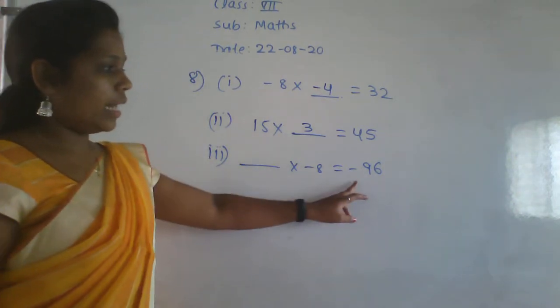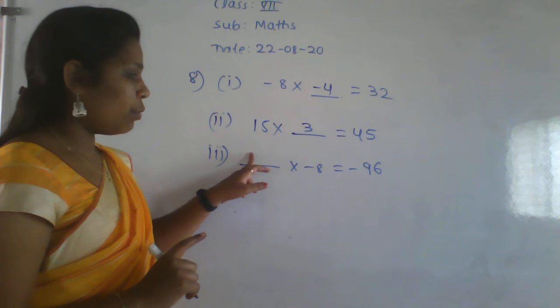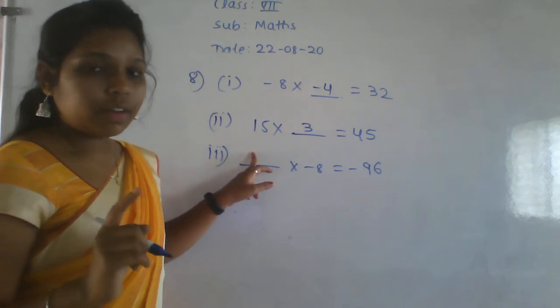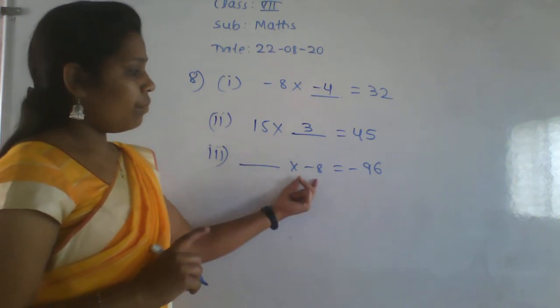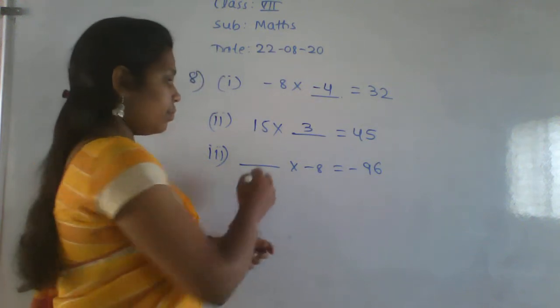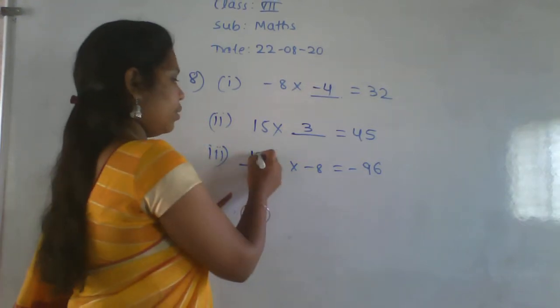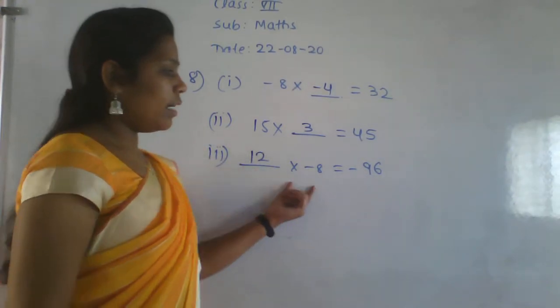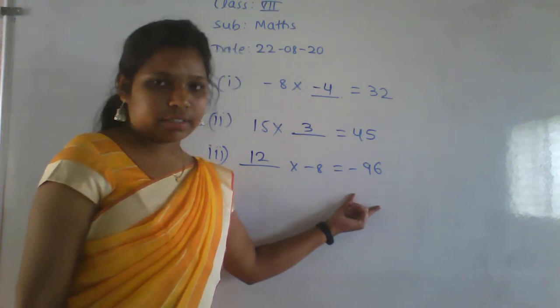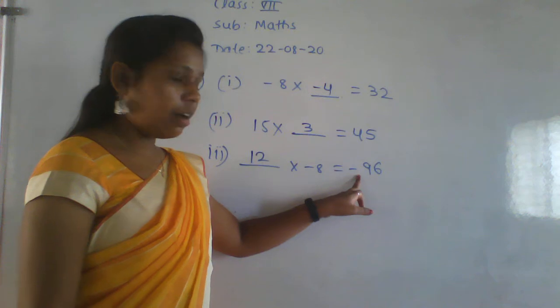The answer is a negative number, so here already one number has a negative sign. Here we take only a positive integer. Which integer do we have to take here? 8 and here is 96. 8 ones are 8, 8 twos are 16, that is 12. 12 into minus 8 is minus 96. 12 8s are 96, and because of the minus sign, we get a minus sign here.